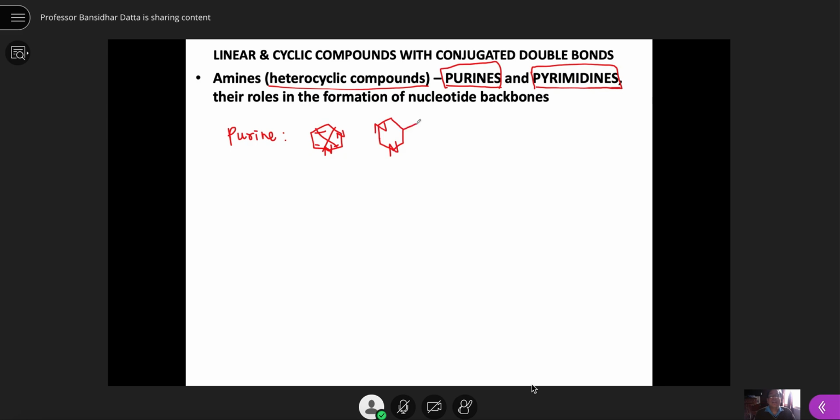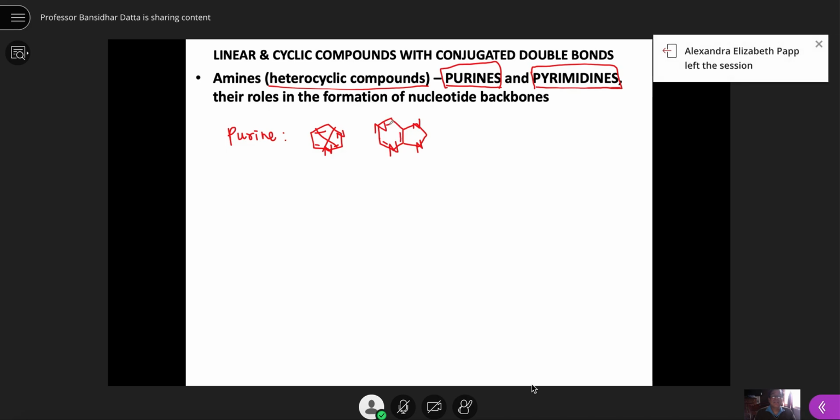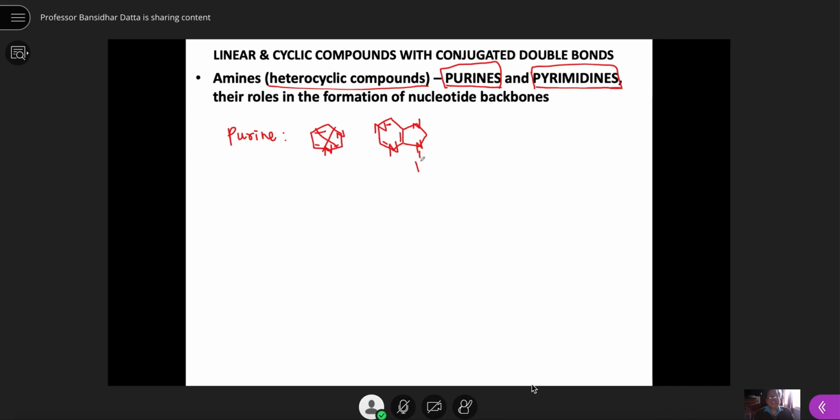And then there's another ring that looks like this. It's a 6-membered cyclic, a cyclohexane type of molecule, but with a nitrogen in there, and another nitrogen here, another nitrogen there. So this is N. Now put the double bonds, and NH, there's an H here.